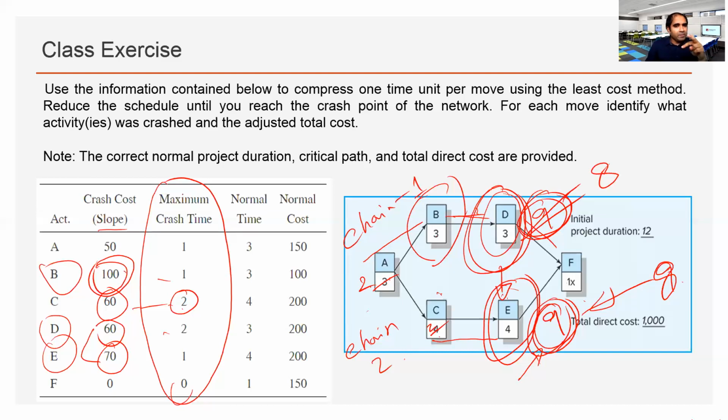If there is only one critical path, we can focus on the cheapest activities within that critical path. If we have multiple critical paths, then in the class example, remember that we crashed all 3 activities, D, C, E at the same time to reduce by 1 day. And that will increase the total project cost. So if you start from C, then one path will be CEF, and the other CABDF.